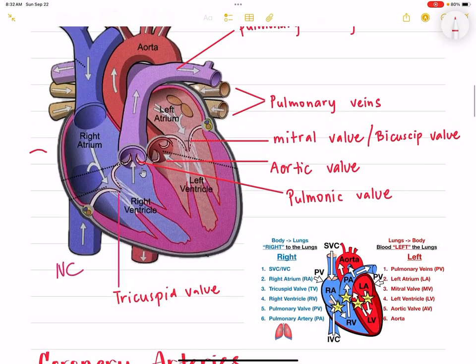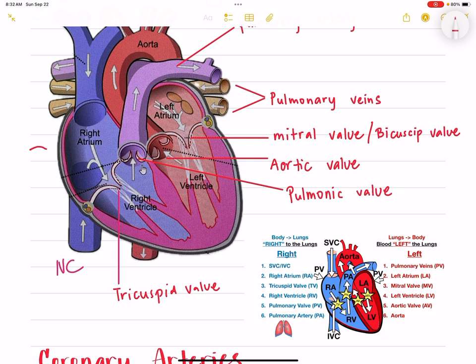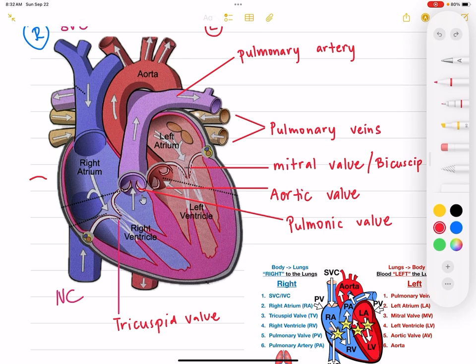Okay, so we have the great arteries of the heart. The great arteries of our heart are the pulmonary trunk and the aorta. The pulmonary trunk, arising from the right ventricle, splits into the right and left pulmonary arteries. So it is separated into right and left pulmonary arteries.